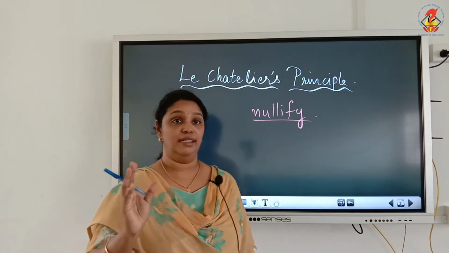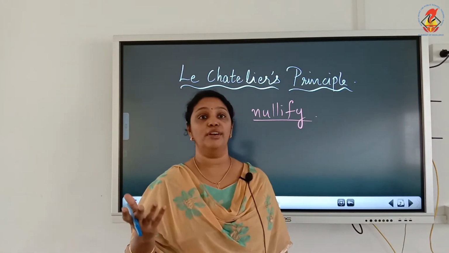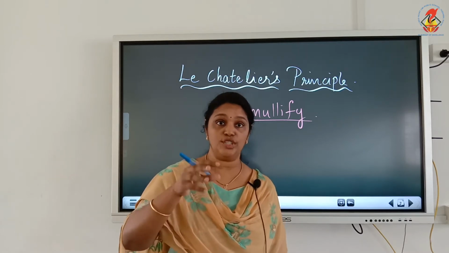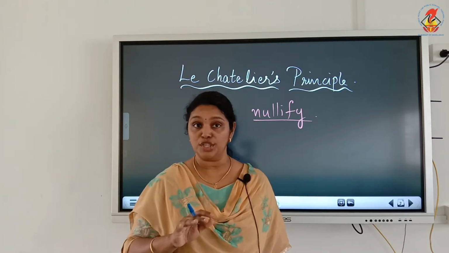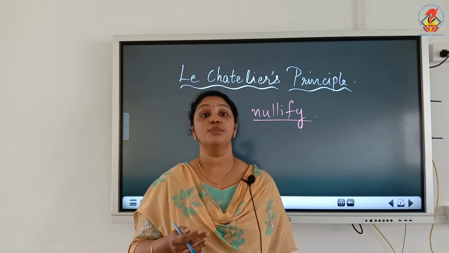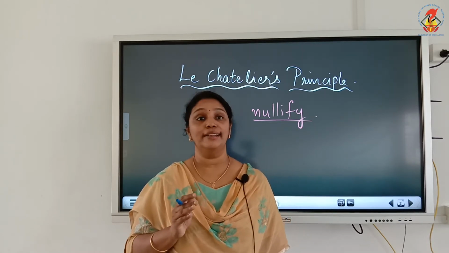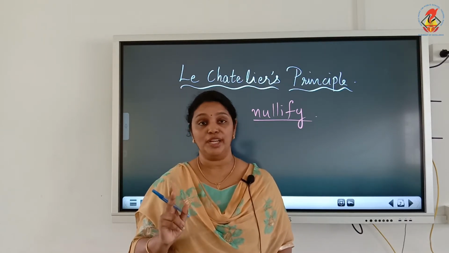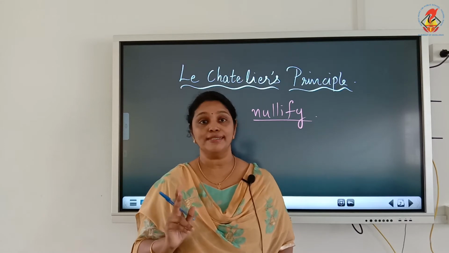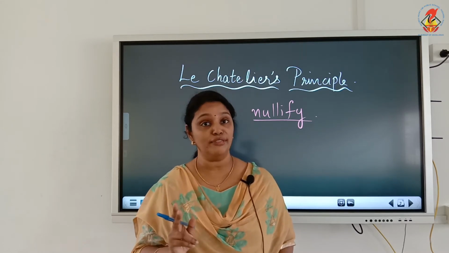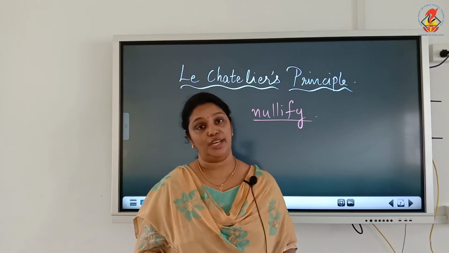Somehow the reactants and products try to cancel that change in concentration, temperature or pressure, and finally the equilibrium is re-established. So this is the statement of Le Chatelier's principle. That is, if we change concentration, temperature or pressure of a system at equilibrium, the system adjusts itself to nullify the effect of that change.